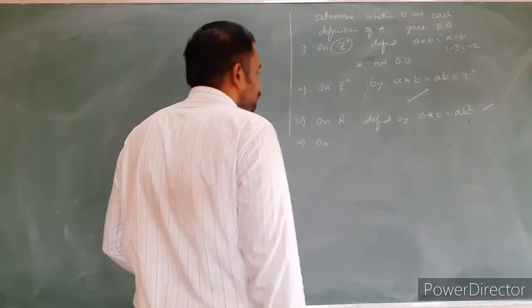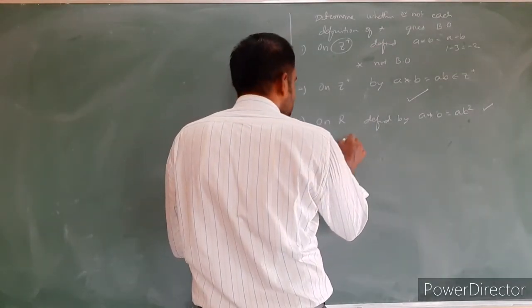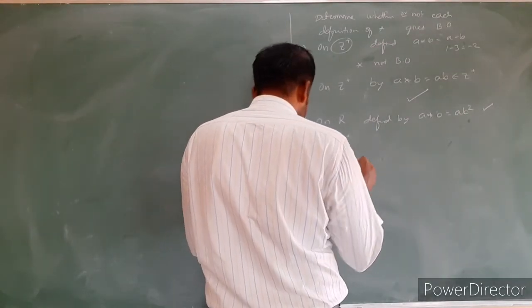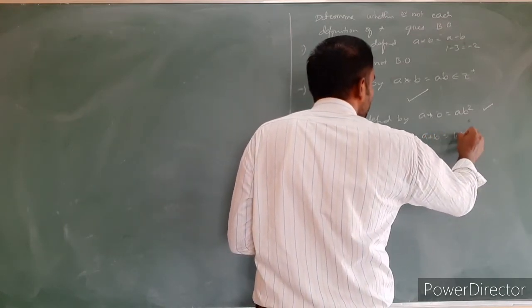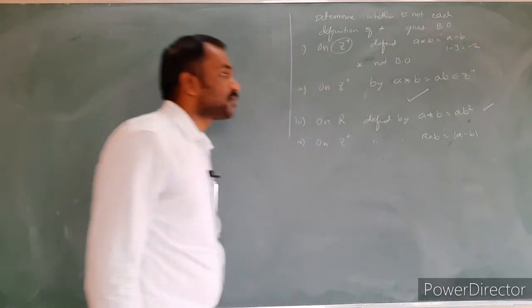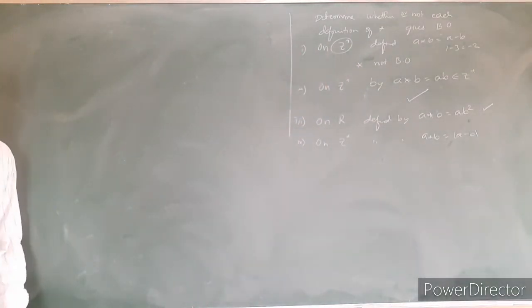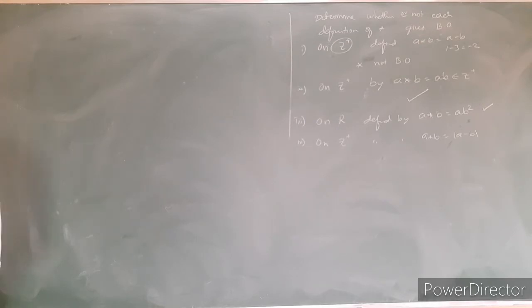Okay. Now next example. On the set of positive integers defined by A star B is equal to mod of A minus B. Whether it is a binary operation or not. Check it. What do you say?